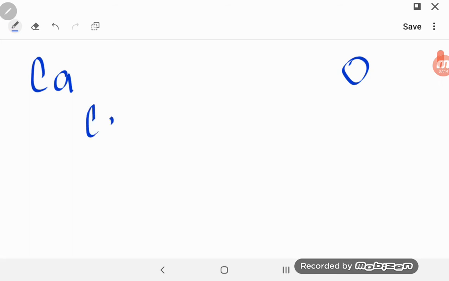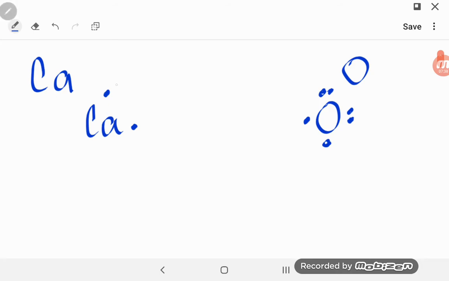So if you are going to write the Lewis dot notation for calcium, since it's group 2, it has 2 valence electrons, while oxygen is from group 6, which means it has 6 valence electrons. Oxygen needs 2 more electrons in order to attain a noble gas configuration.